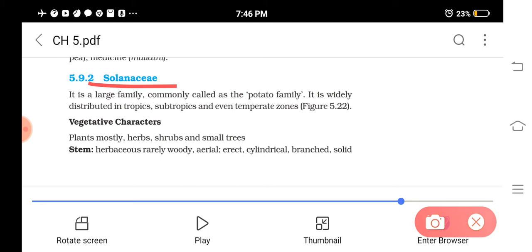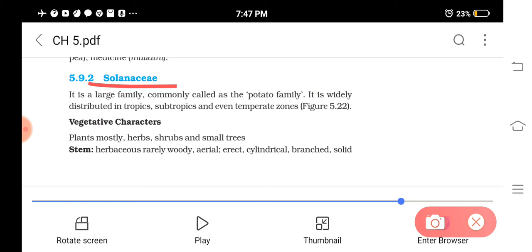Most of the plants are herbs, shrubs or small trees. That is the habit of plants belonging to the family Solanaceae. The stem is herbaceous, meaning herb-like, and rarely woody; very few are woody plants.